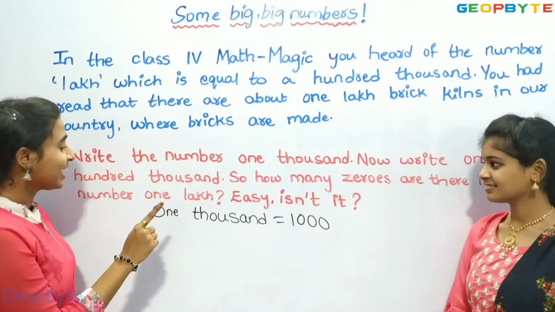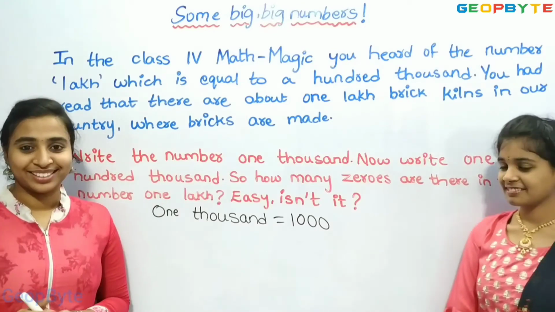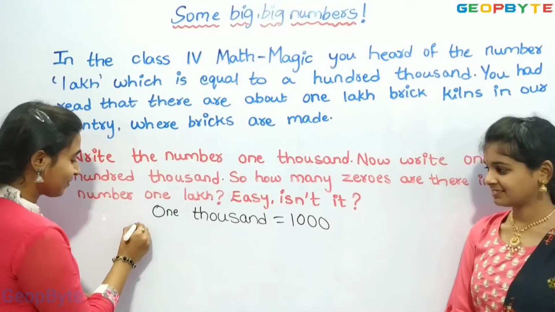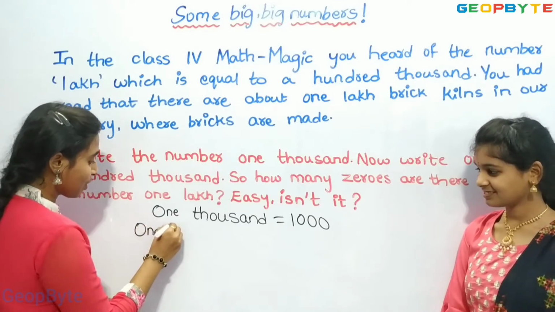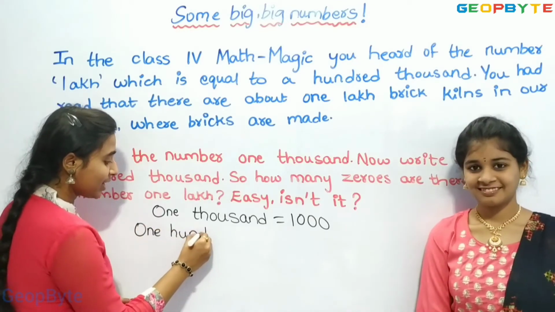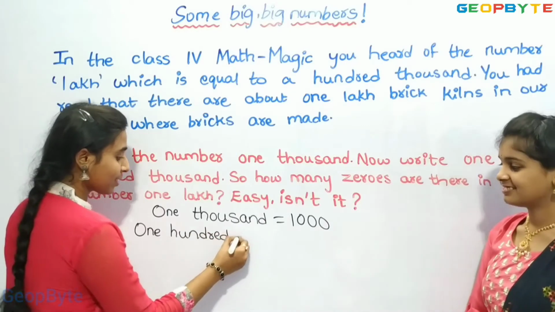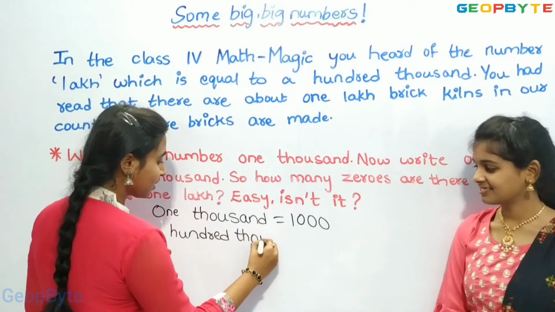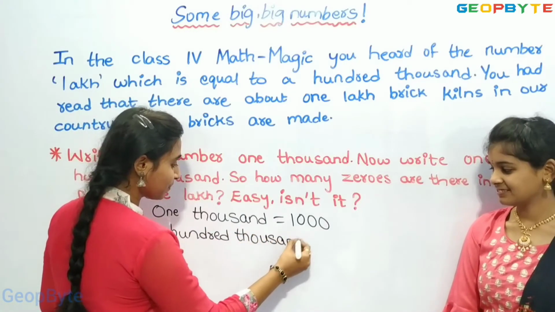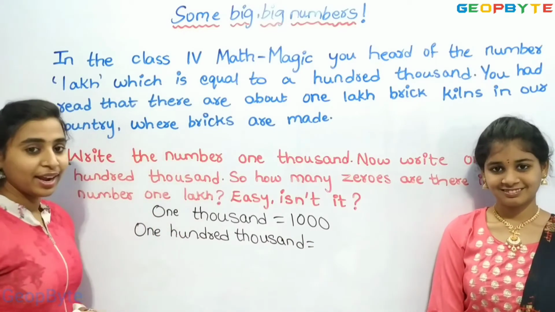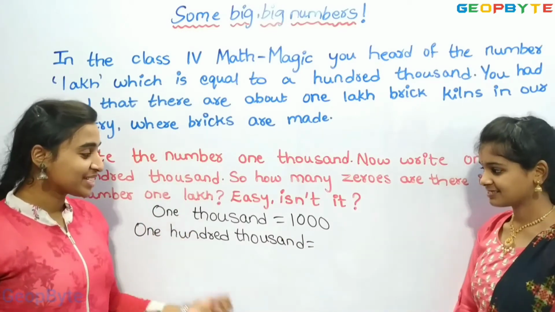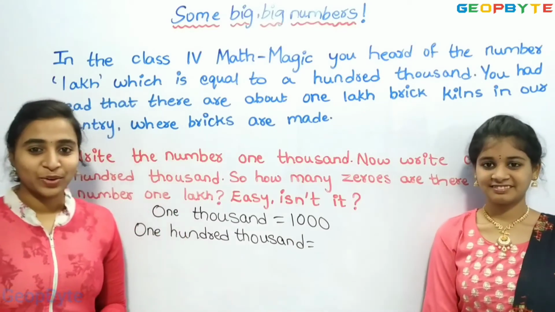Now, write 100,000. Let us write. Children, for 1000 we have 3 zeros.